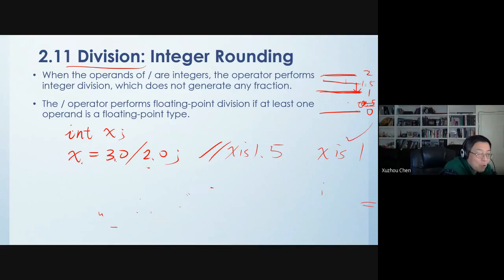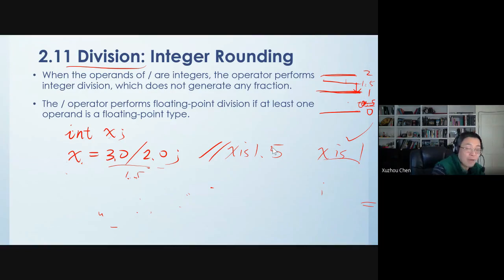Why? 3.0 divided by 2.0 will give you 1.5, which is fine, that's the floating point. But now you assign the floating point number to an integer. Because x is an integer, this is a floating point type and this is an integer type, so Java is going to force the number to convert to an integer. So x will be 1.